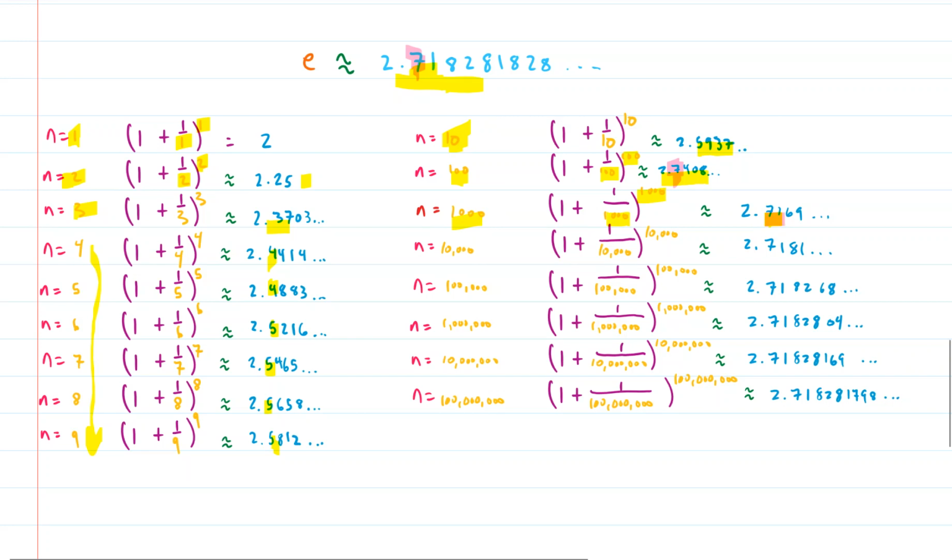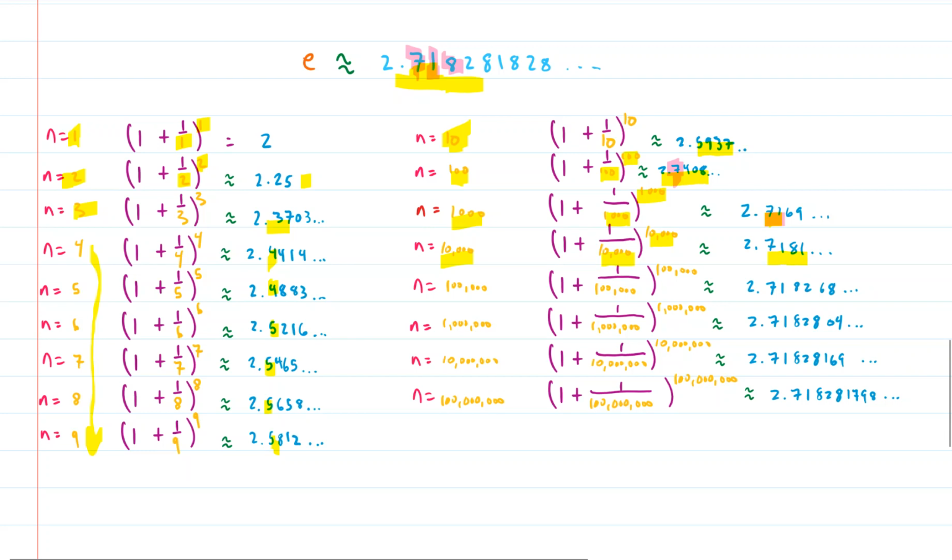If we went to 10,000, that's a pretty big number, right? n's 10,000. 1 plus 1 over 10,000, all raised to the 10,000. 2.7181. We've got our third digit of accuracy at 10,000.